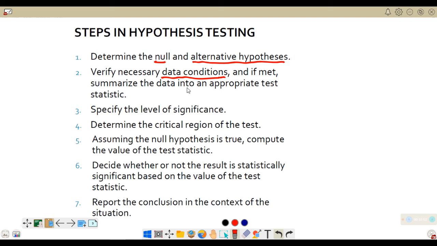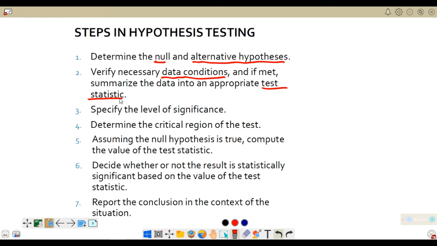Before ka makapag-decide kung ano yung tamang test statistic, dapat i-review mo muna yung variables mo. And then, dapat marunong ka mag-classify kung ano yung type ng variable mo. Qualitative ba? Quantitative? Next, you have to know how to identify the level or scale of measurement. I believe marunong na naman kayo nun.